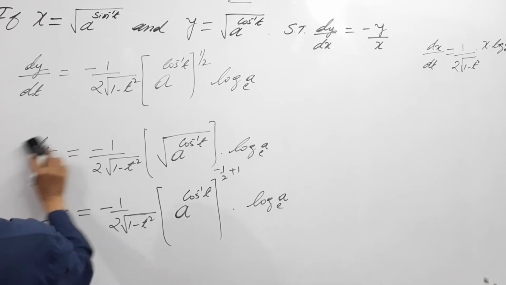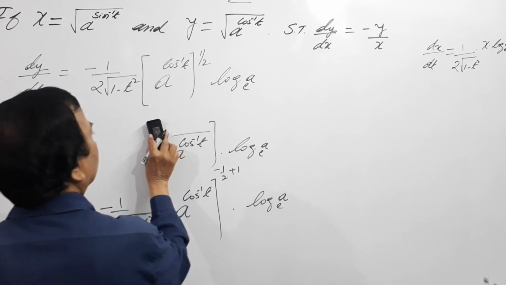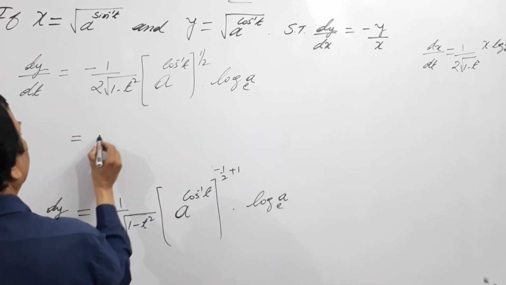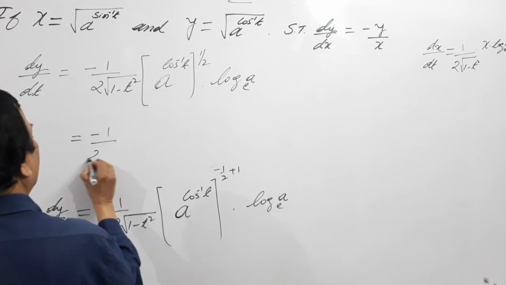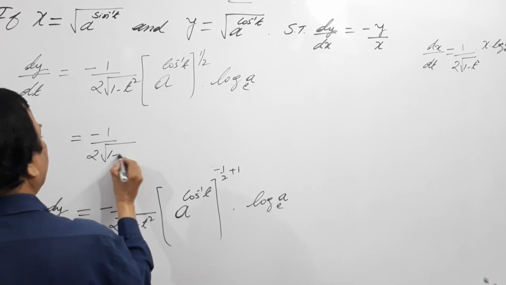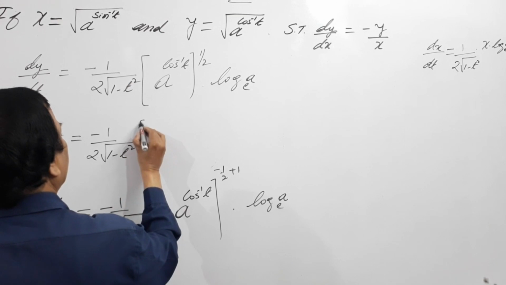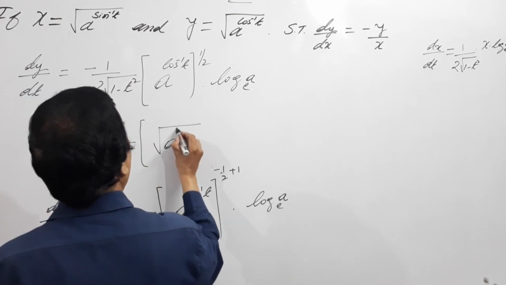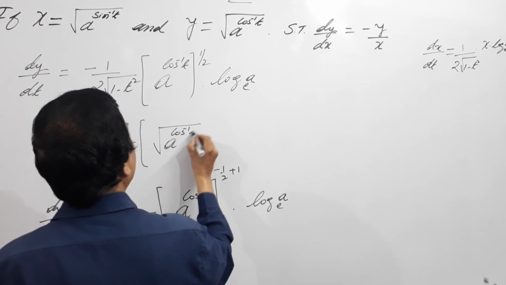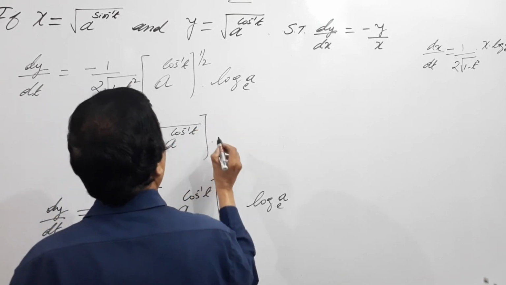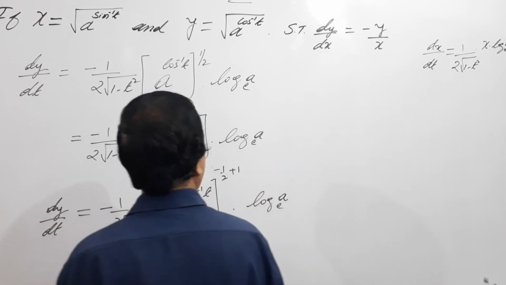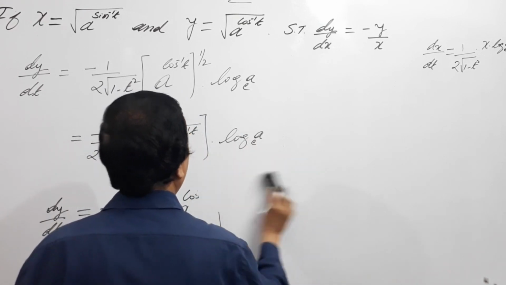Okay, I'll rub this. Sorry, I rubbed it off. Okay, so this is nothing but minus half into 1 minus t square under root a to the power of cos inverse t into log a to base e.